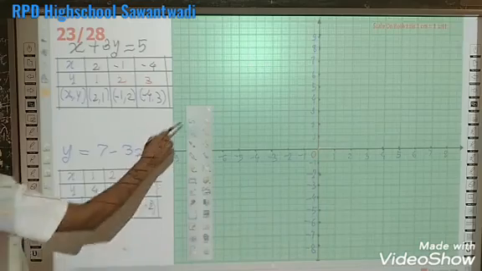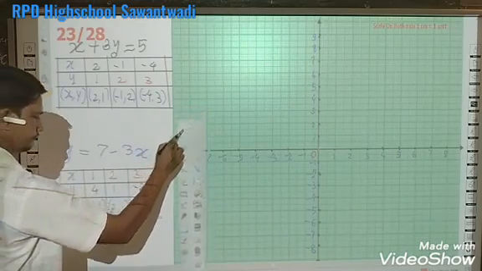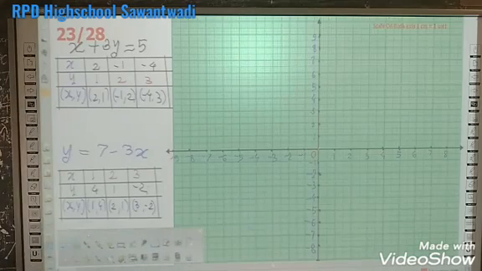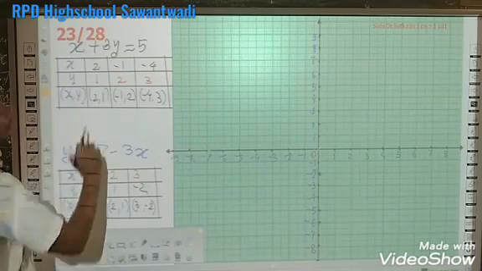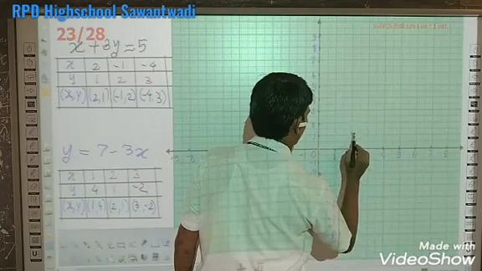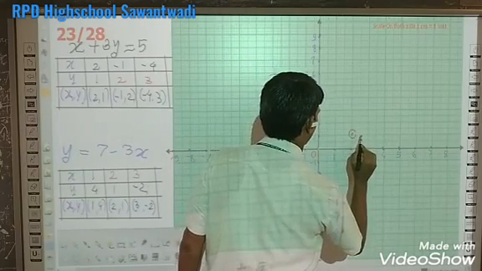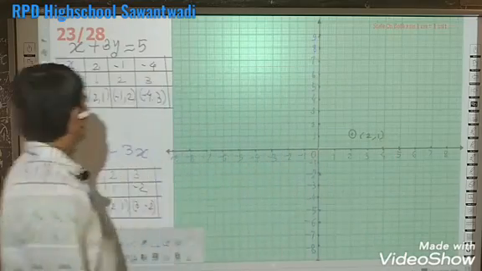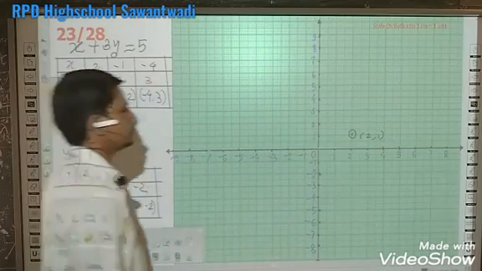I'll plot these points here. Okay. So what's the first point? Let us see here 2, 1. So it is 2, 1 presents here. Okay, what's the second? Negative 1, 2.